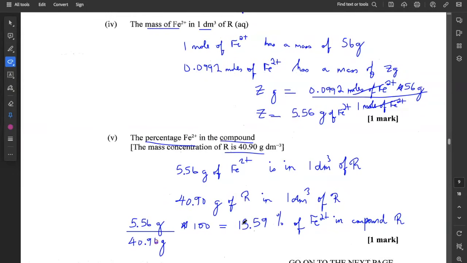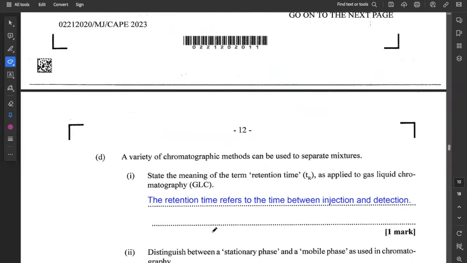And that's going to get us 13.59% of Fe2+ in that compound, okay? So this is just finding the mass that we calculated as a fraction of what was in the total molecule, and we get 13.59%, okay? All right, so moving along to part D.